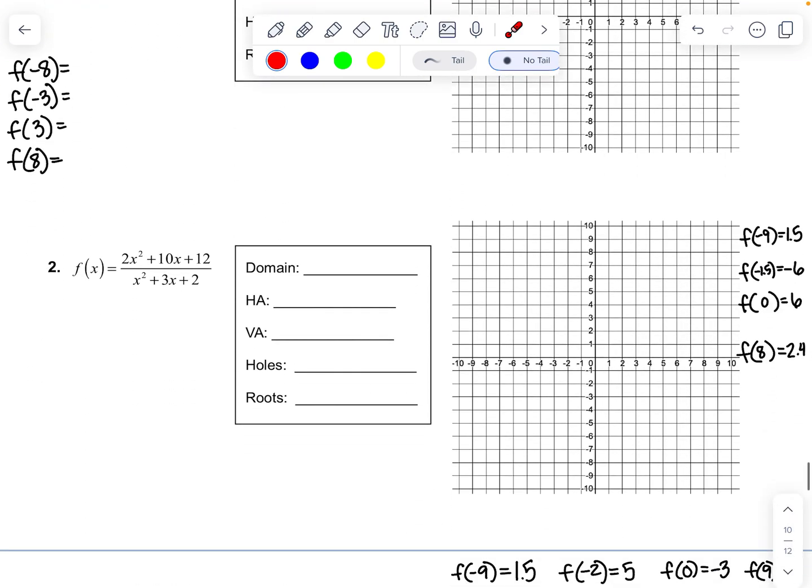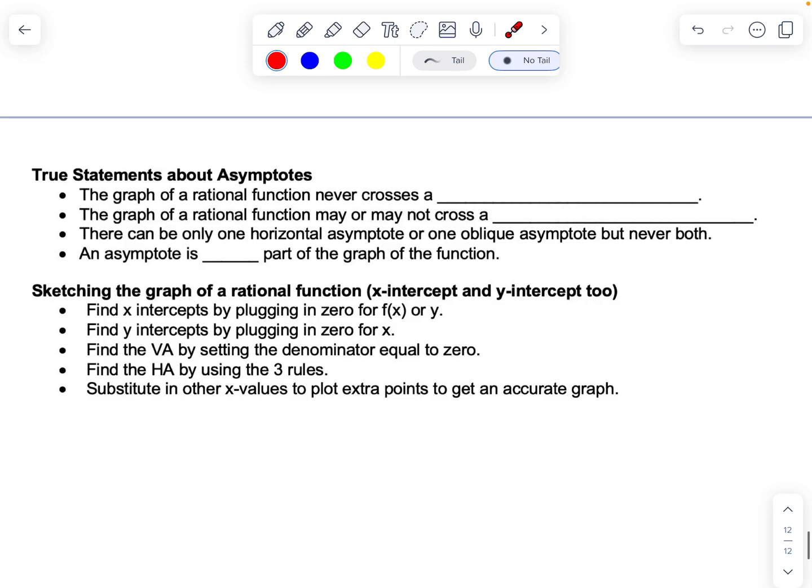Okay, before I get to our graphs, yours should be on your paper here. But just a few things to throw in here to talk about our asymptotes so we can reference back to this information as well. So earlier I said an asymptote is a boundary line that your graph will never cross. Okay? The slight variation to that is the graph of the rational function will never cross a vertical asymptote. Okay?